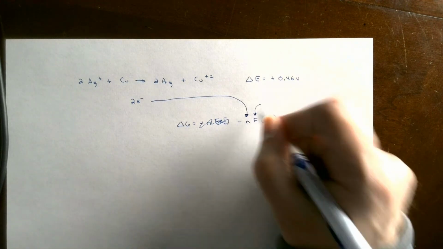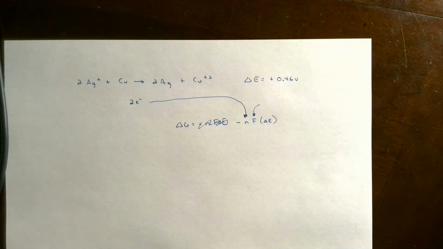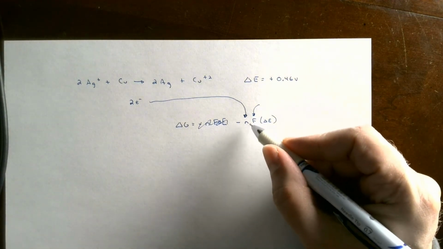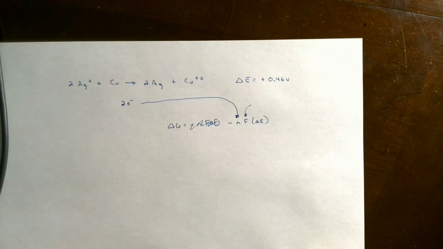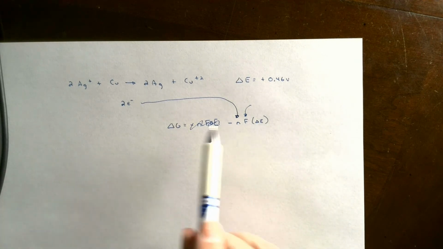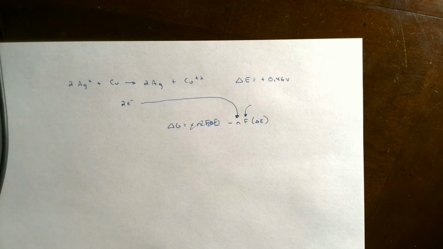F is the Faraday constant, and I can't remember it off the top of my head, 96,487, I think. It is essentially the charge of a mole of electrons, in coulombs. And then we've got our potential. But the reason I show you this isn't because I want you to plug anything into this equation. In fact, I'll be a little disappointed if all you do is try to plug into that equation and get something. I'm not going to do an example of that.